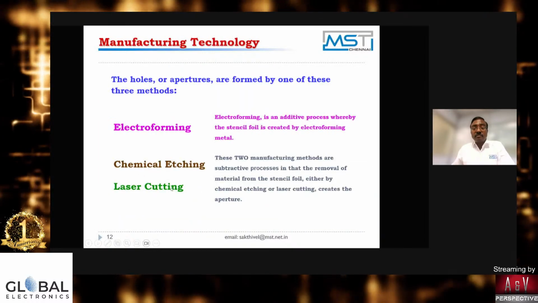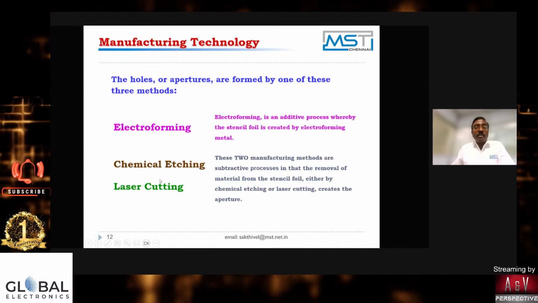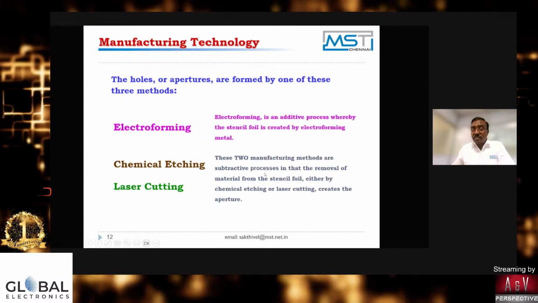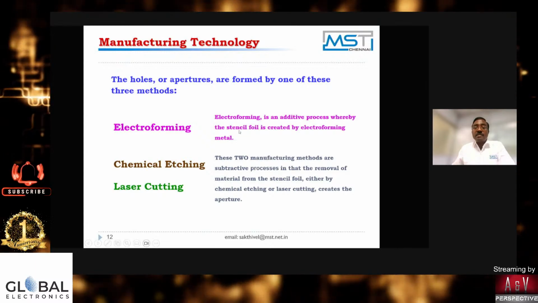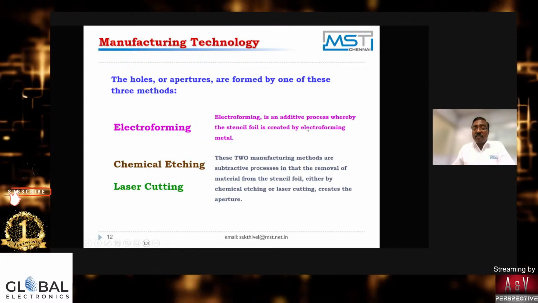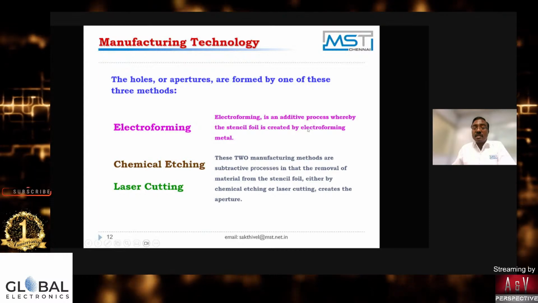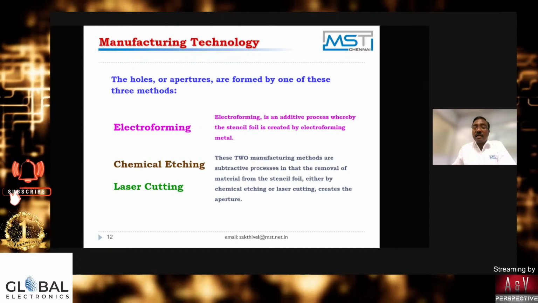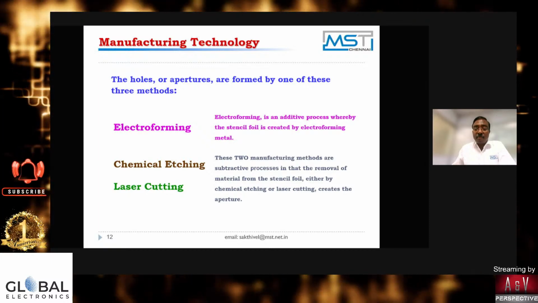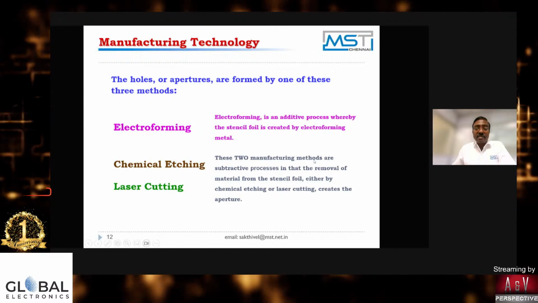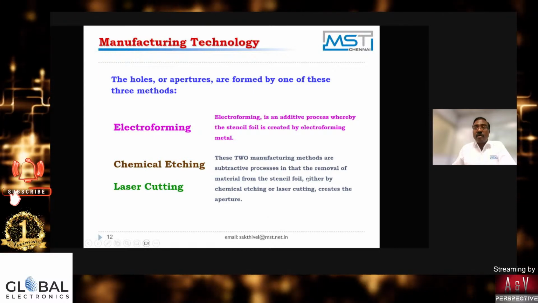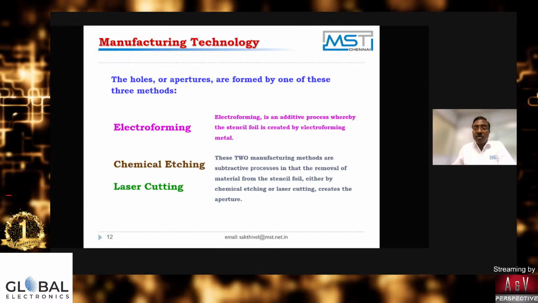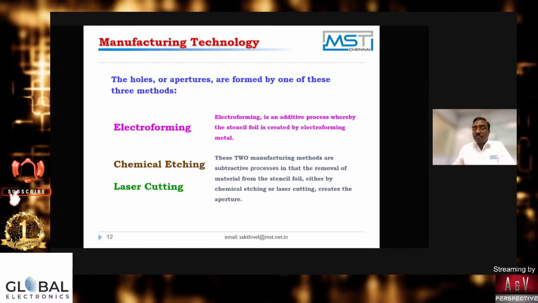Both chemical etching and laser cutting are subtractive processes, whereas electroforming is an additive process, a plating method. You add metal to produce the stencil thickness and aperture openings simultaneously. In the subtractive methods, you have the stainless steel foil and remove material, by chemical or laser, creating the apertures.